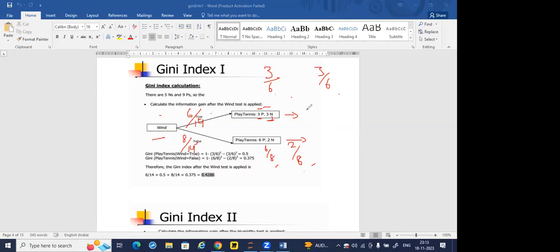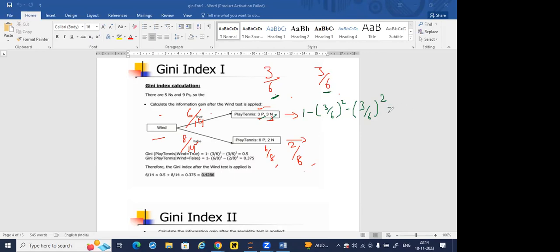Okay, so that one is here. 1 minus, see here, 1 minus 3 by 6, making the square of it, minus 3 by 6, taking this value, means both of the values which are here.